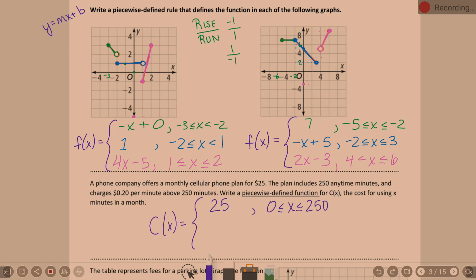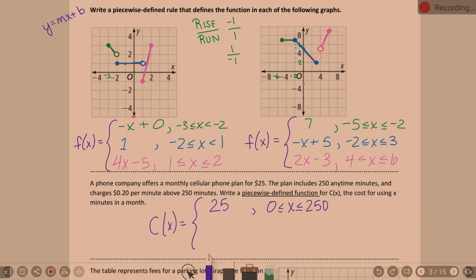Okay, my plan is either $25 or what's the other option for my plan? 20 cents more for each minute over. How do I express that as an equation? What do you think, Savannah? 0.2x plus 25. Okay. We still have that $25 cost, yes?